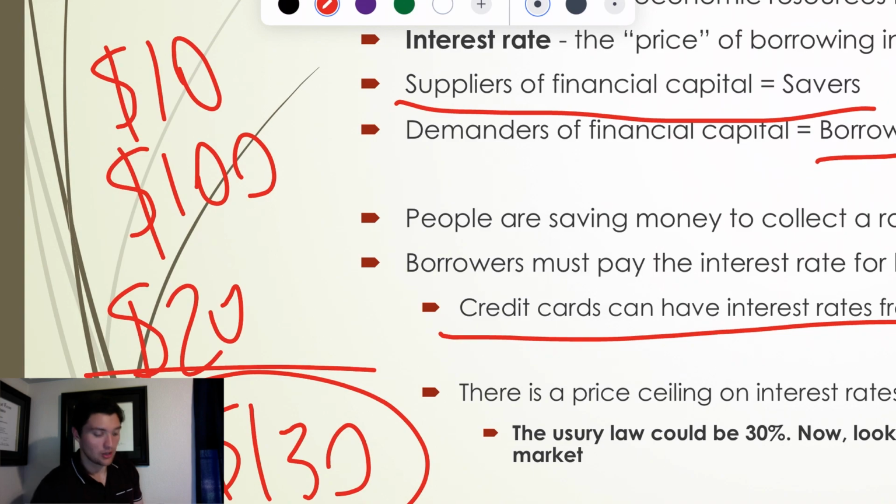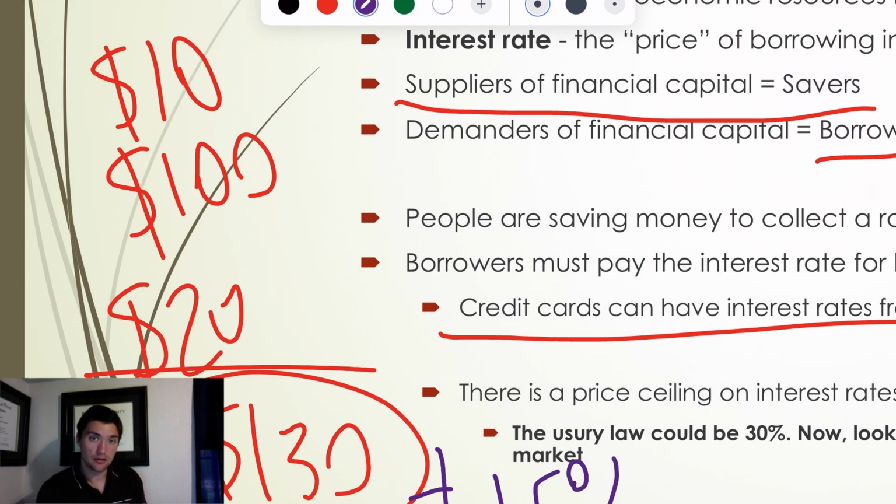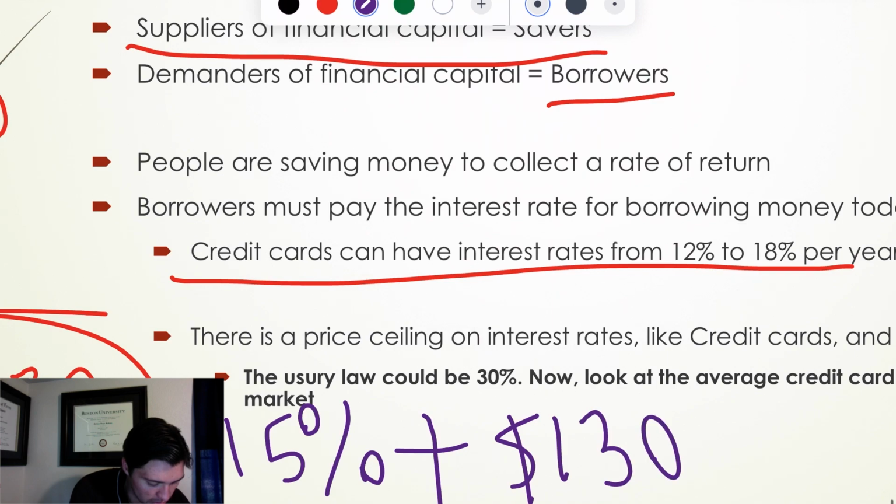You owe us $130 plus 15%. Okay. And what about next month? Are you not going to buy Whataburger or Walmart next month? Probably not. You probably will spend another $130. So now you better have $260 plus the interest if you want to pay 0% interest.